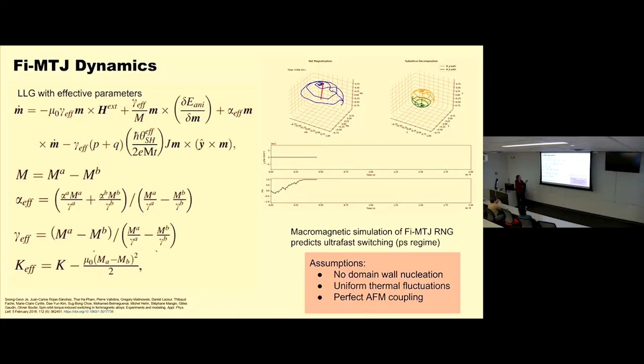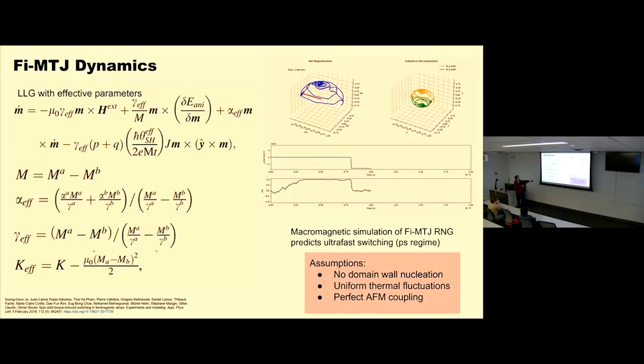The dynamics of ferrimagnetic tunnel junctions can be modeled using a standard LLG. If you assume perfect anti-ferromagnetic coupling between the two sublattices, you can calculate effective parameters for damping, gyromagnetic ratio, and anisotropy, and then calculate a single, modified LLG.